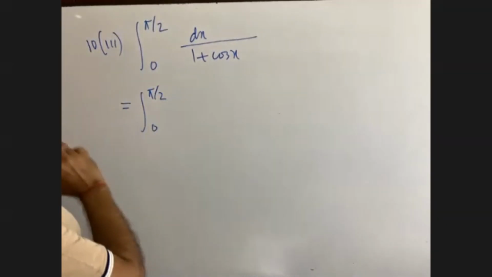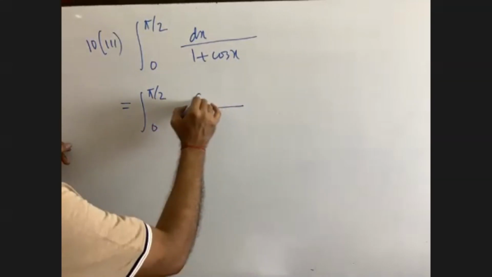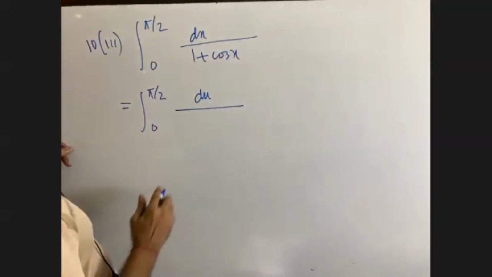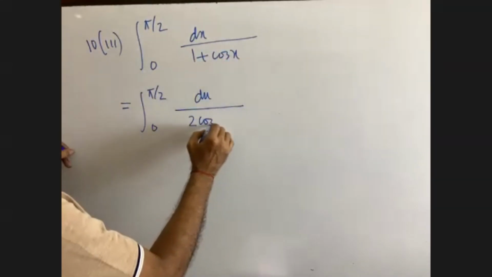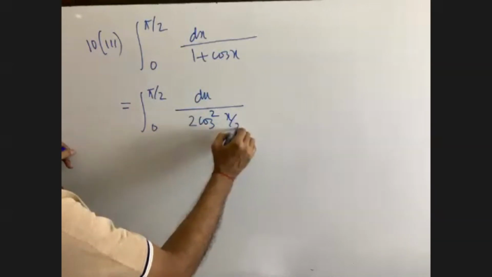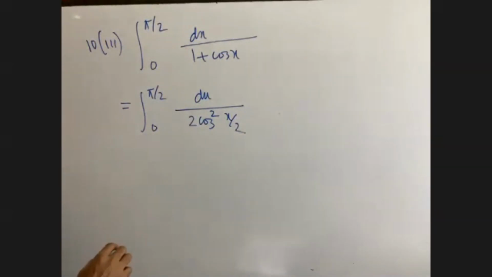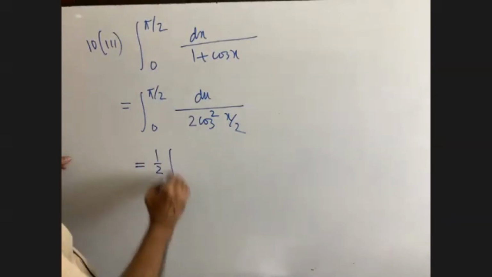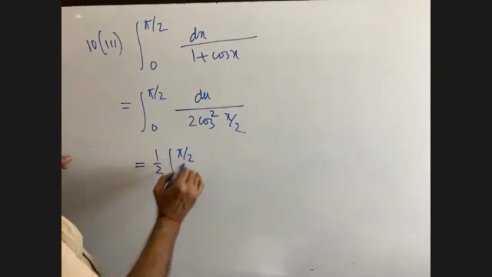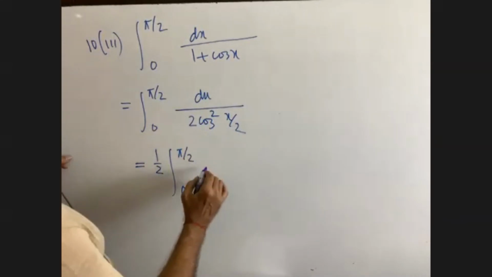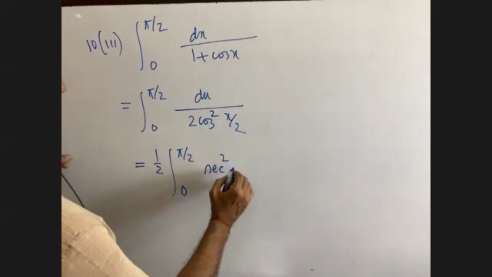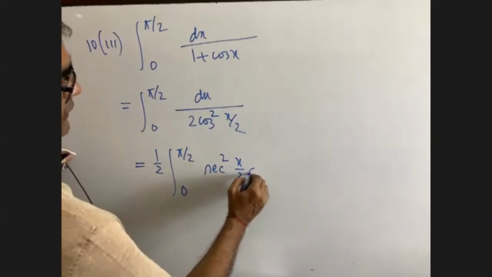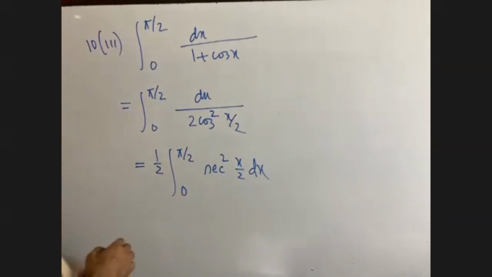No, you're wrong here. 1 plus cos x means what? 2 cos square x by 2, right? Yes, it is. That means half, integral from 0 to pi by 2, sec square x by 2 dx.